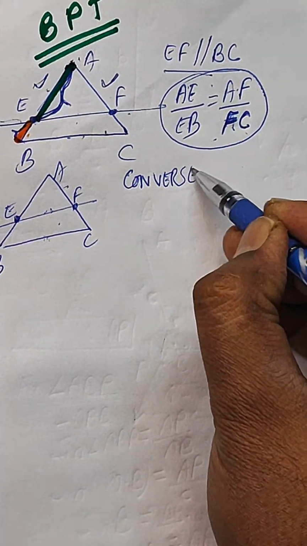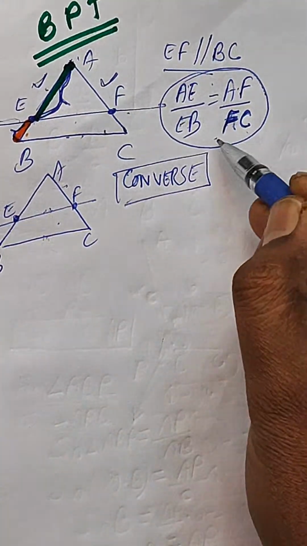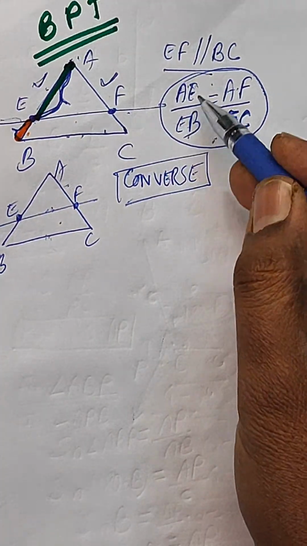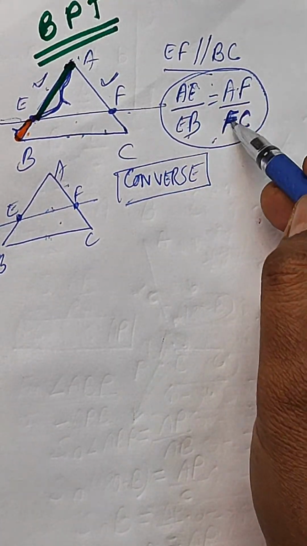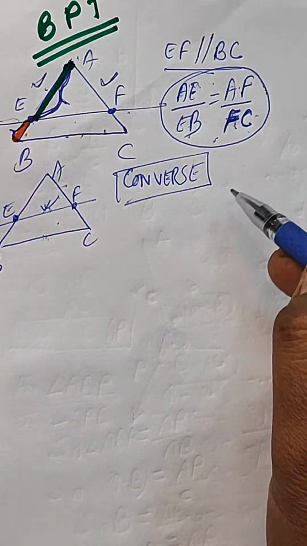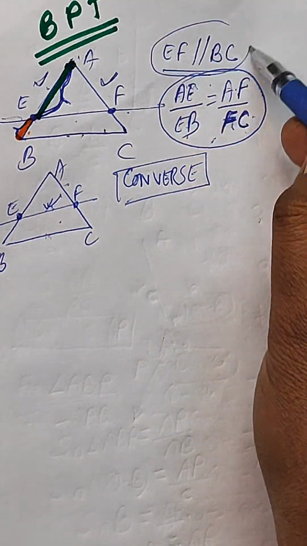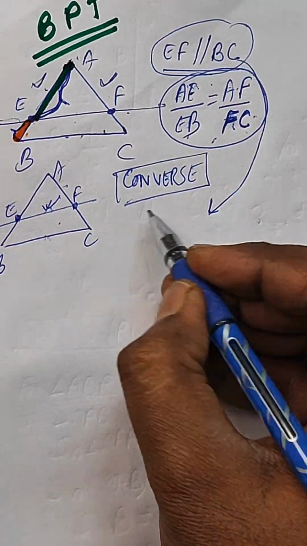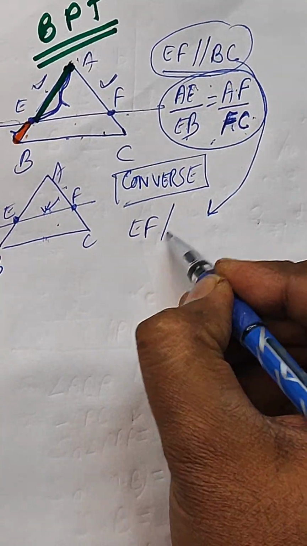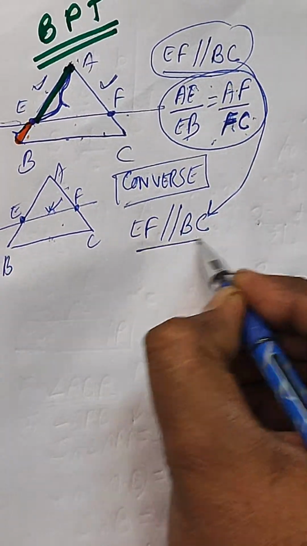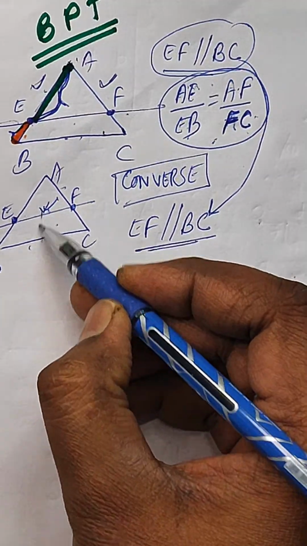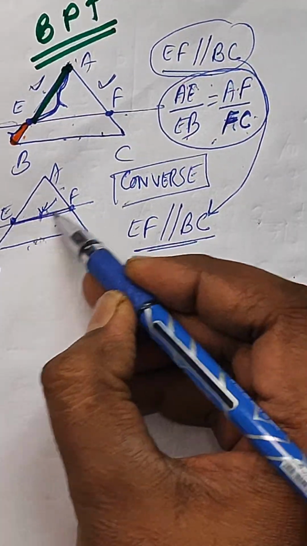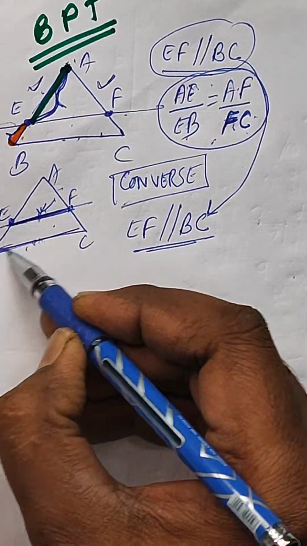That means if AE by EB equals AF by FC, then we can say that definitely EF is parallel to BC.